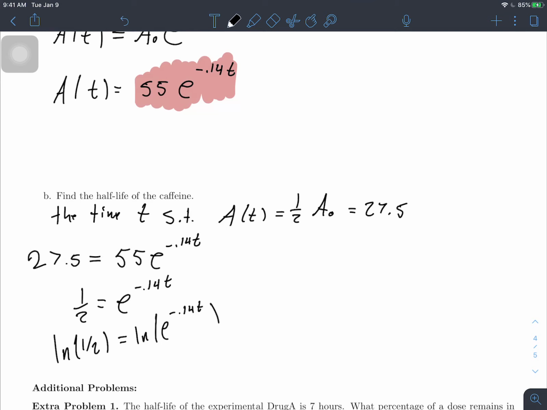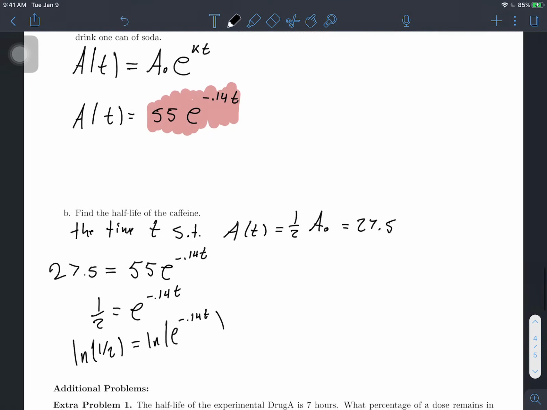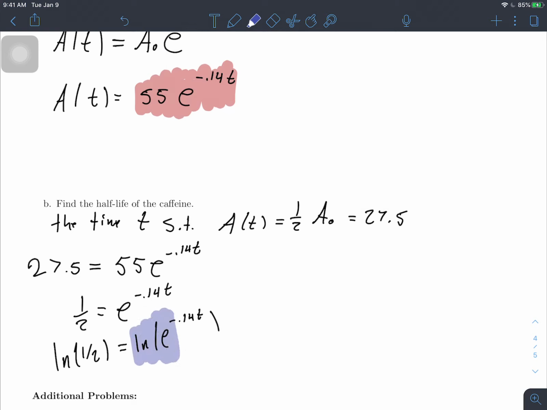And now we see the convenience of using this model where we have e to the power k instead of a. Because when I take the natural log of the right-hand side, I'm doing ln of e to some power. When I do that, all I have to do is take the power down, and that's it.